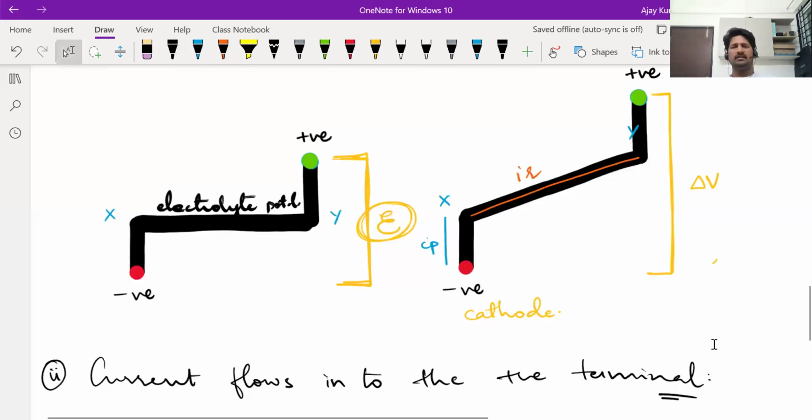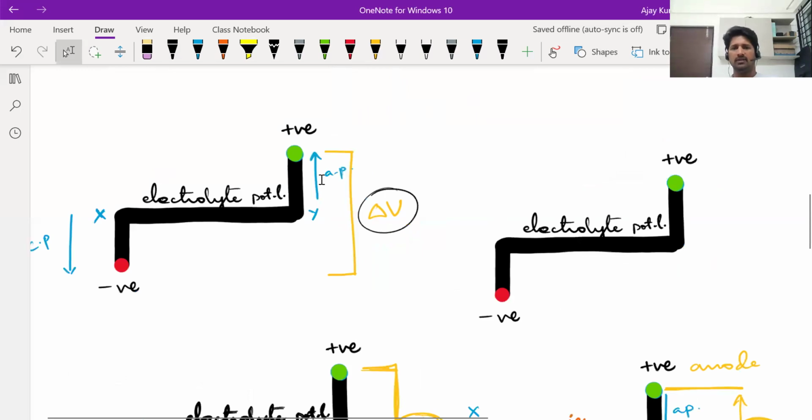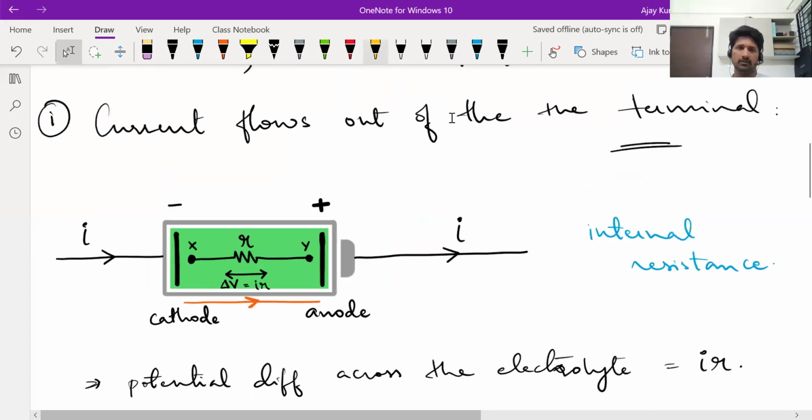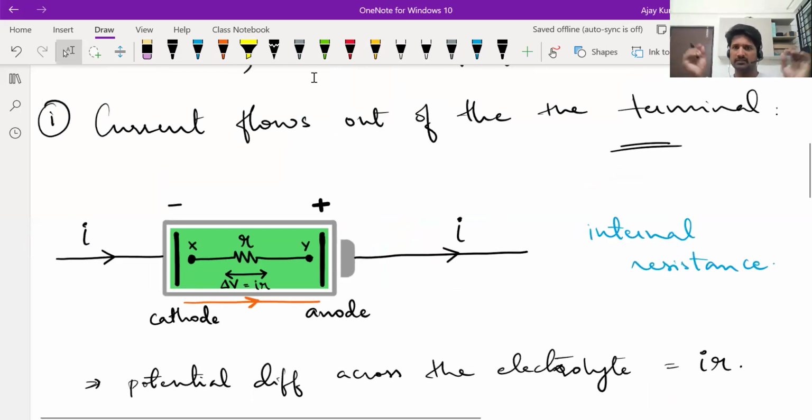Hope the idea is clear to all of you. Now the chemistry part you don't need here in physics. Just remember, when current flows normally through the cell, the potential difference across its ends, which is what we call terminal voltage, is what the circuit ultimately receives. When current flows normally, the terminal voltage will be less than the EMF of the cell, so it effectively functions like a battery of lower potential.